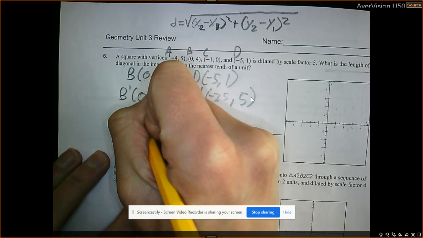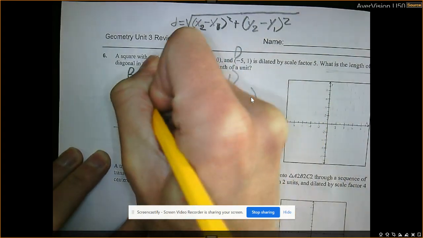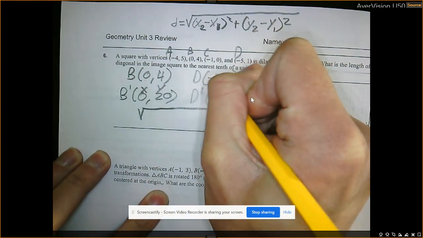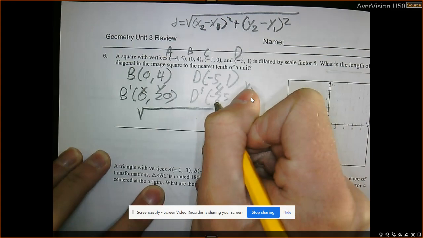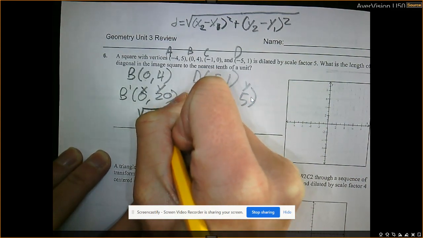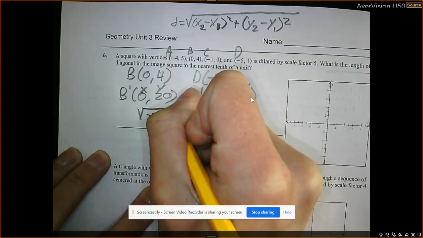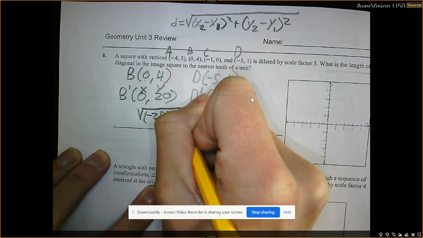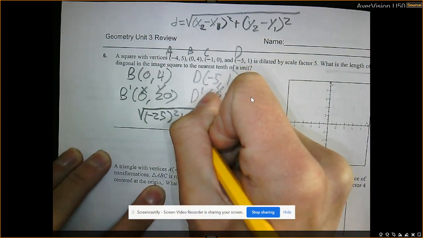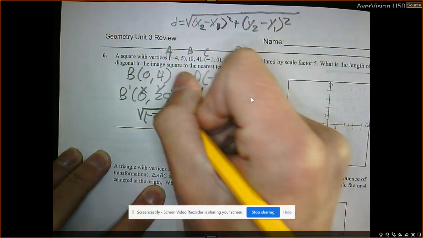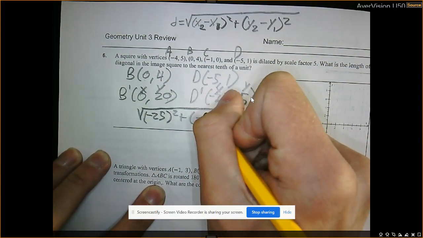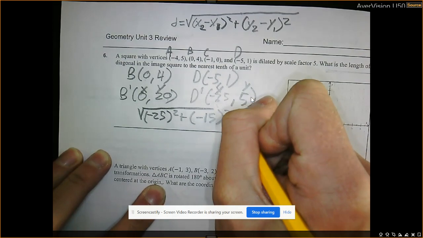So again, it's the square root. These are written as x comma y. So x2 minus x1, negative 25 minus 0. Well, that's just going to be negative 25, and that's going to be squared. Plus, now y2 minus y1, 5 minus 20 is negative 15.